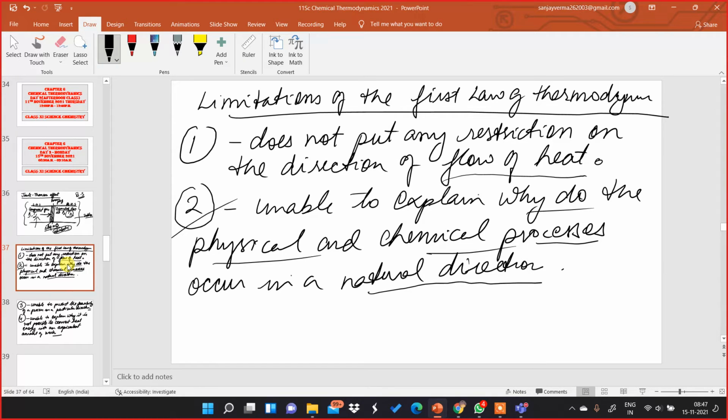The second limitation is that the first law is not able to explain why the physical and chemical processes occur in a natural direction. If we pour water, the water will not go in the upper direction, it will go in the downward direction. This has not been explained by this law.